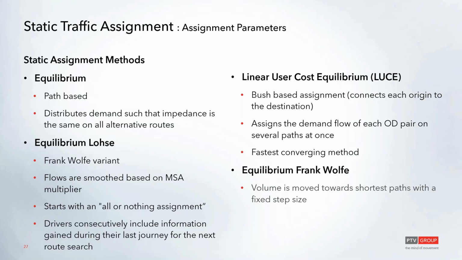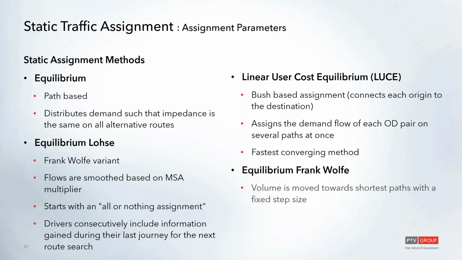There's also an equilibrium Lohse method, and this one starts with an all-or-nothing assignment, where all of the demand for each OD pair will be assigned all on one route at the beginning. And then over each iteration, drivers are going to use information they gathered on their last journey for their upcoming route search. There's also a linear user cost equilibrium assignment, and this connects all of the origins and destinations together at the beginning and then assigns demand over several paths at once.